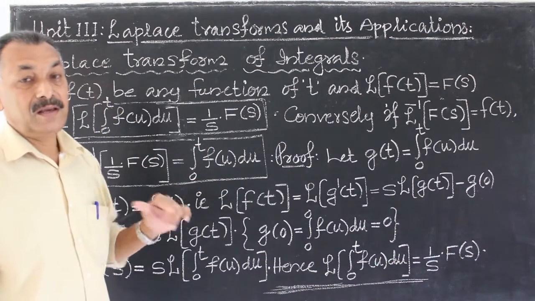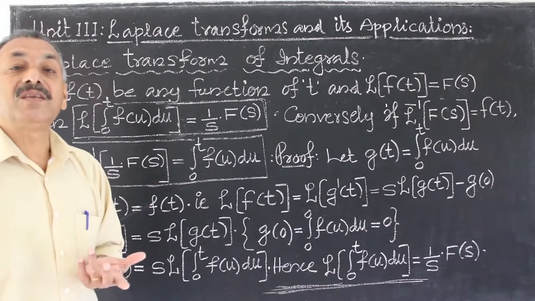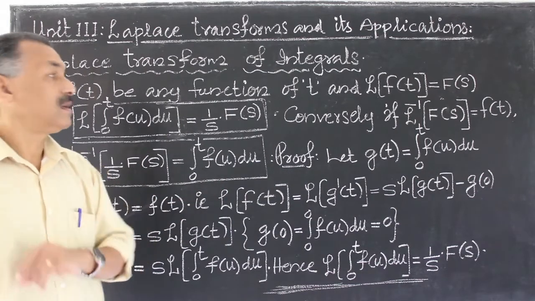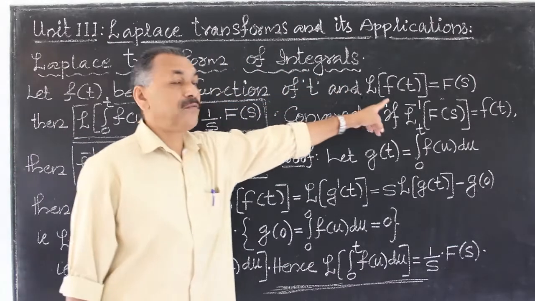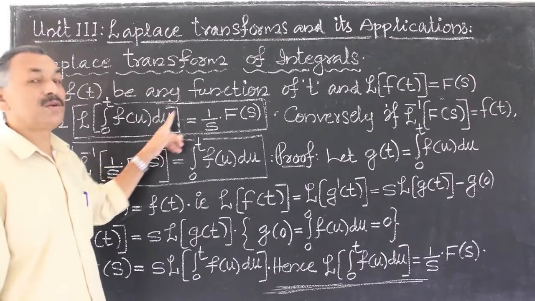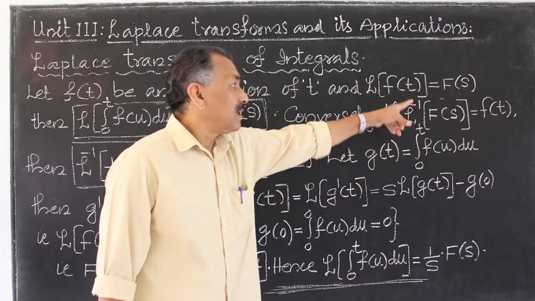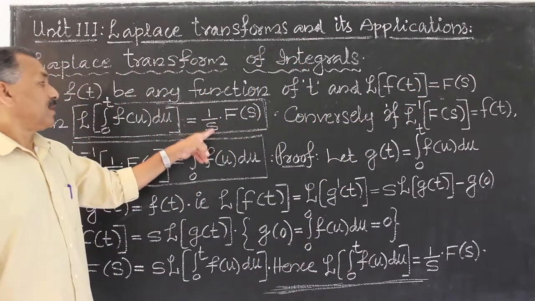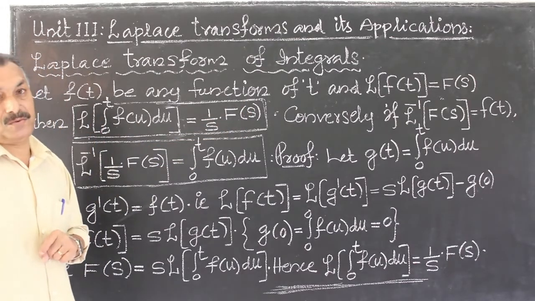So the result is: if L of f of t is equal to F of s, then the Laplace transform of the integral from 0 to t of f of u du is equal to 1 by s into F of s. Conversely, the inverse of F of s by s is the integral from 0 to t of f of u du.